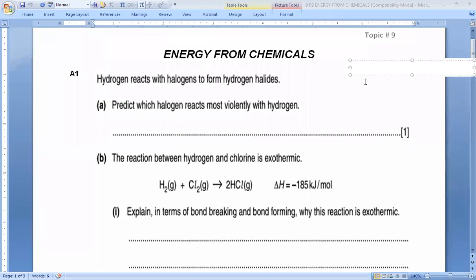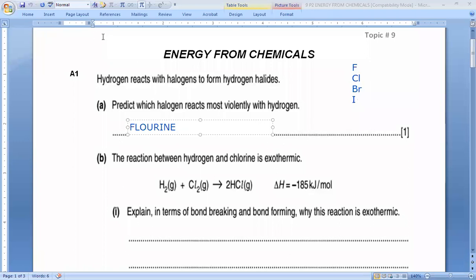We have the halogens fluorine, chlorine, bromine, iodine in group number 7 elements, and the reactivity decreases going down because they are non-metals, whereas reactivity increases going down the group in metallic groups. To predict which halogen reacts most violently with hydrogen, the answer should be fluorine. So beta, the most reactive halogen is fluorine, then chlorine, then bromine, and then iodine.